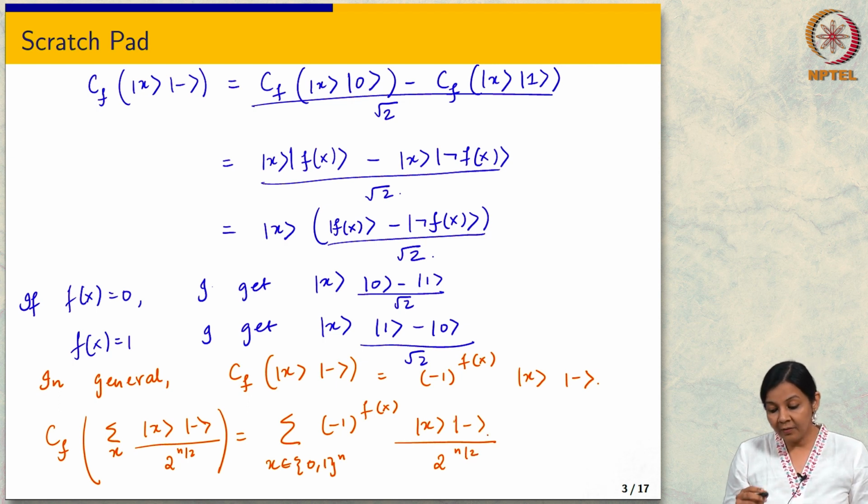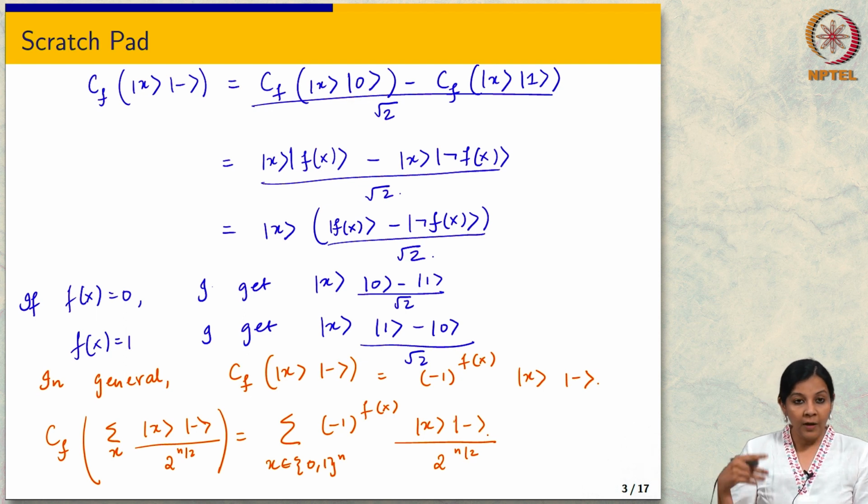So this is called the phase kickback trick. We'll see this appear again and again in our quantum algorithms.